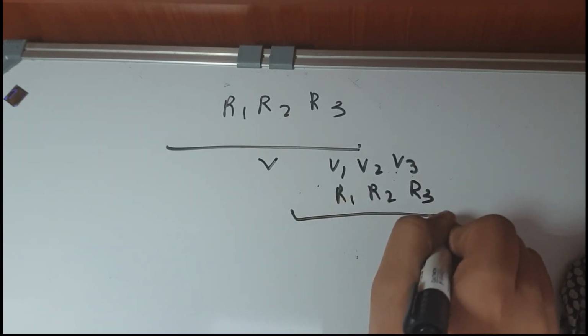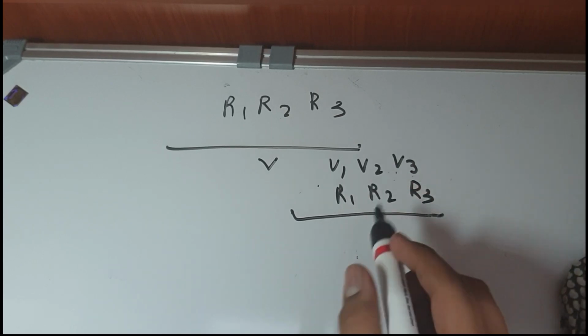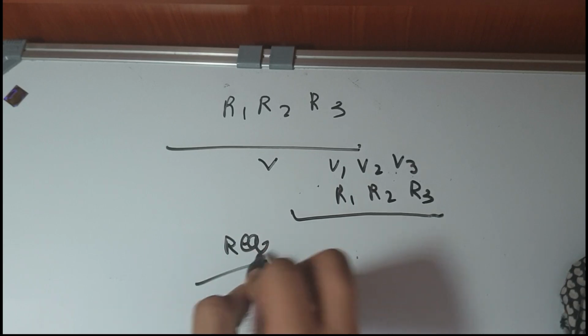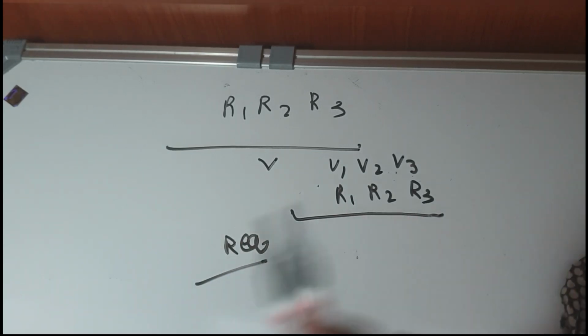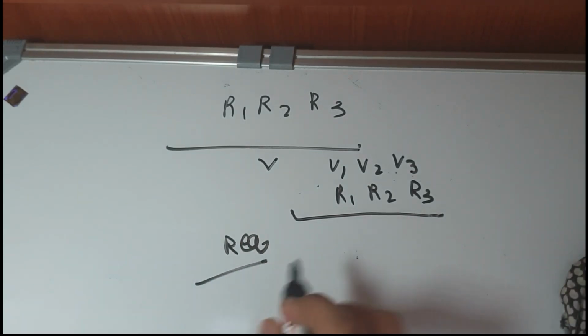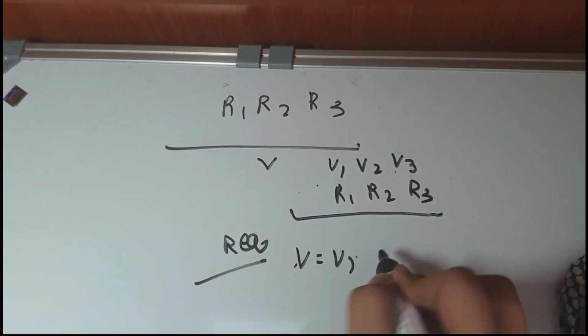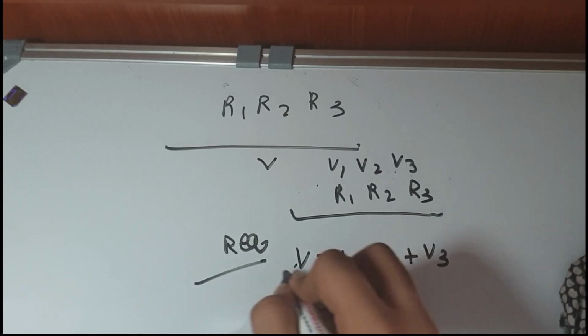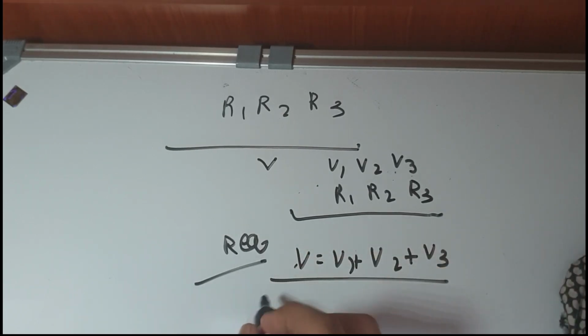The combination of resistors is replaced by a single resistor of resistance R equivalent. This is the easiest, easier than parallel. So V is equal to V1 plus V2 plus V3.